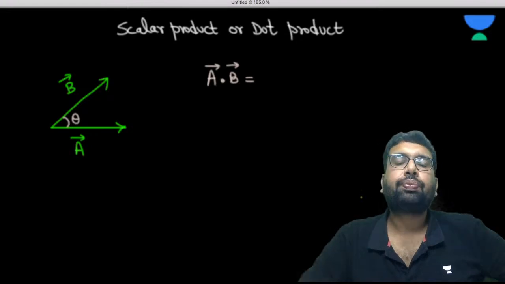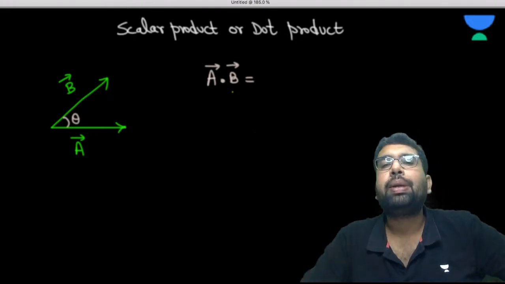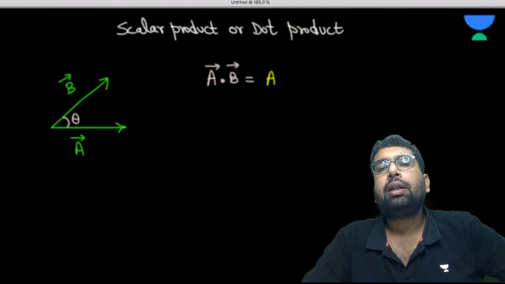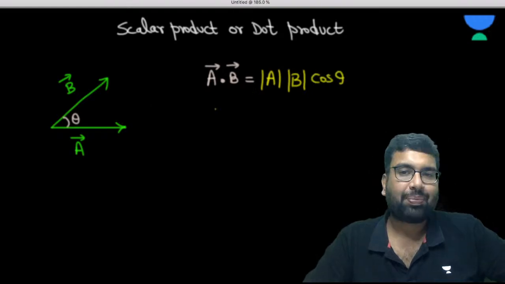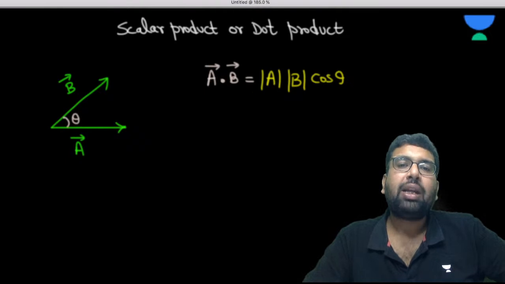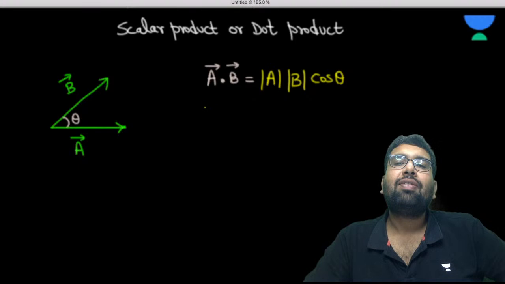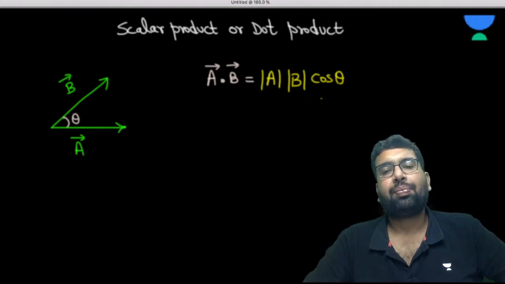Now see, A dot B. If you want to find it, simply you need to take the magnitude of A vector, take the magnitude of B vector and multiply it with cos theta. So if you are doing the scalar product of vectors, you are going to do A B cos theta. Are you getting my point?